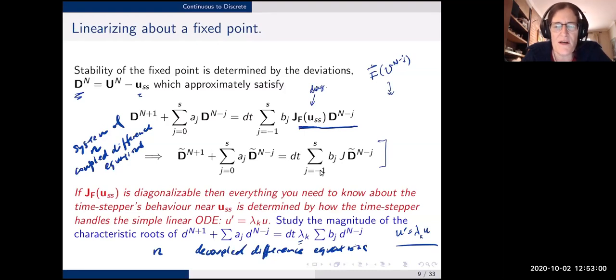Why do we build and test our time steppers on this simple linear ODE when life is more complicated, when life is systems of ODEs? The answer is that for something like a multi-step method or a Runge-Kutta method, if you're wondering about the stability of a fixed point, then you're just going to diagonalize, change coordinates, and have decoupled systems. And this is why people simply studied this one ODE.